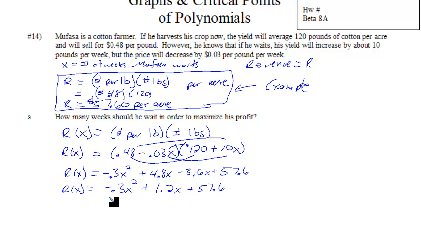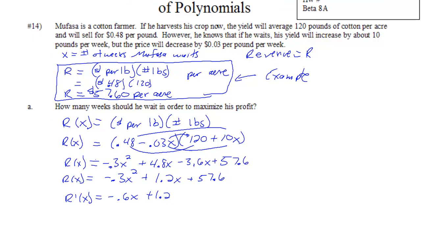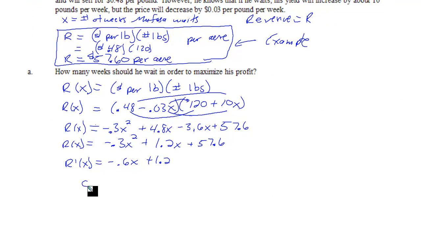Hopefully you can tell here this is a parabola. It opens down because there's a negative coefficient in front of x squared, it's a negative a, and therefore it's going to be a maximum. This says maximize the profit, so we've got to find the derivative. It'll be negative 0.6x plus 1.2. Set it equal to 0. Get x by itself. Divide both sides by 0.6.